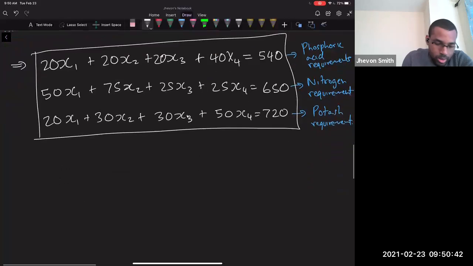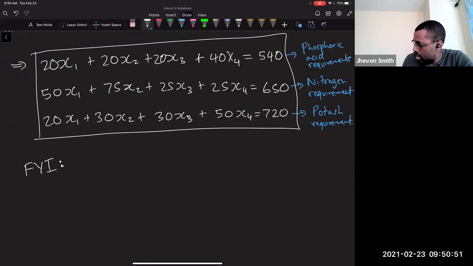However, FYI, in the old syllabus, I would expect you guys to know how to solve this, but I don't really expect you guys to know how to solve a system like this. But I would tell you what the answer is here.